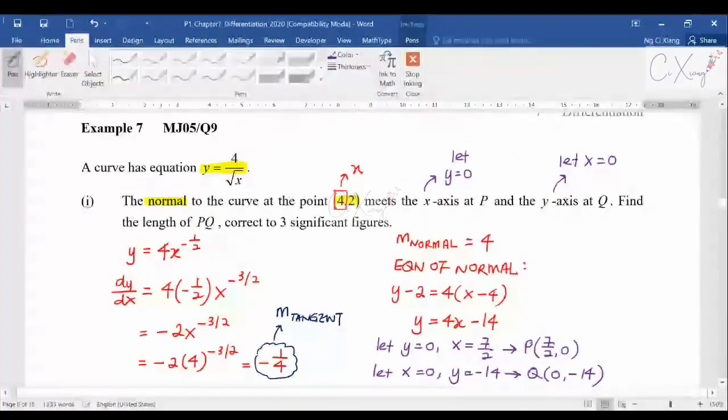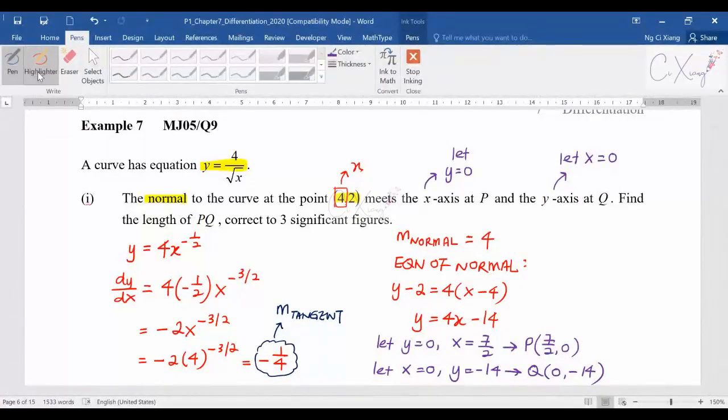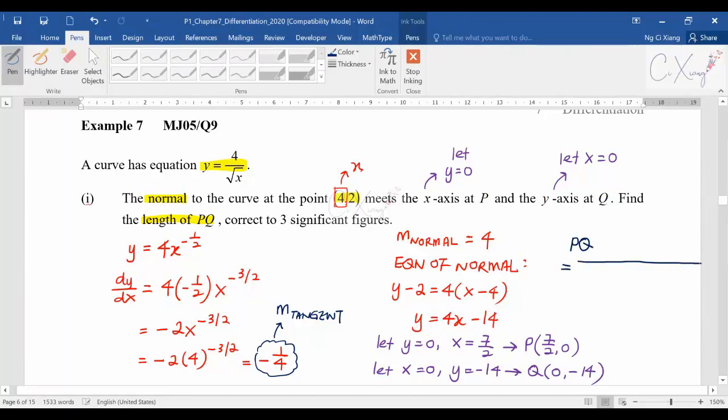Alright, so once you get the coordinates for P and Q, what do they want you to find? They want you to find the length of PQ correct to 3 significant figures. So how to get the length of PQ? You learned it before also, right? To get the length of PQ, you use the coordinate geometry concept.